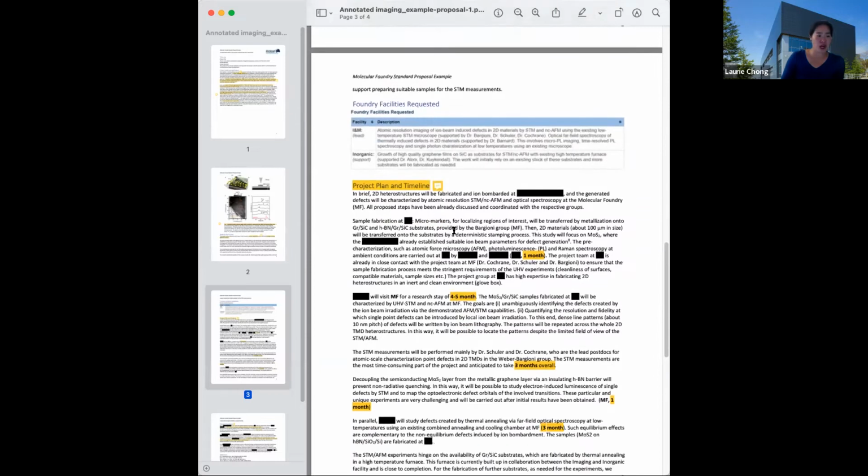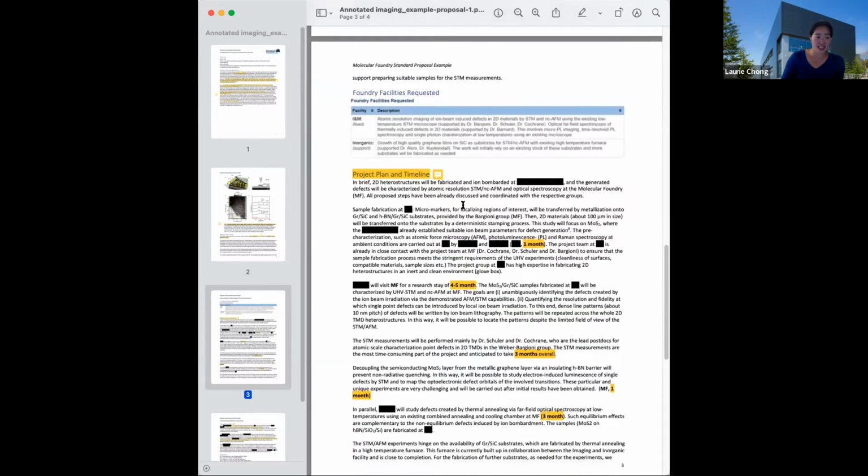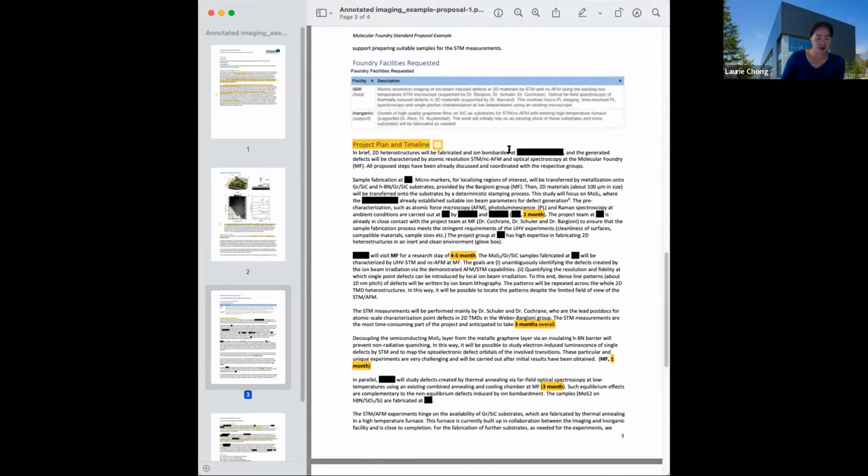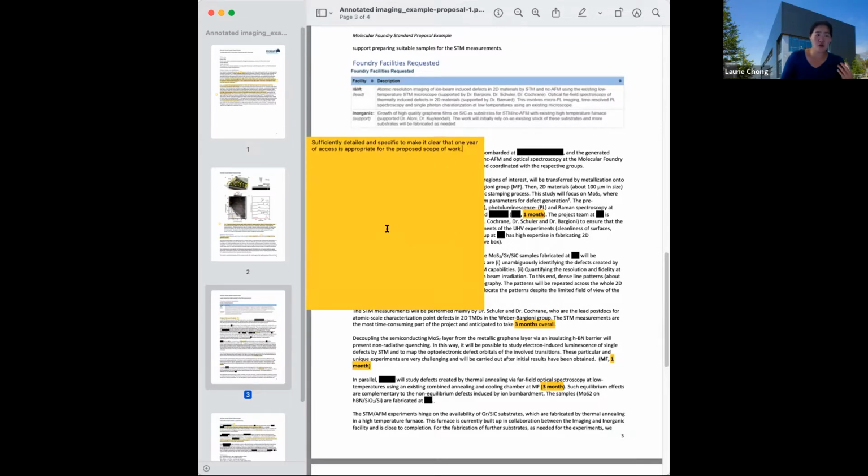Okay, as we move down to the project's plan and timeline, these black bars are because some information has been redacted. You want to be sufficiently detailed and specific to make it clear that one year of access is appropriate for the proposed scope of work. Now, I mentioned that you can, in the future, submit a follow-on proposal, but that's not guaranteed.